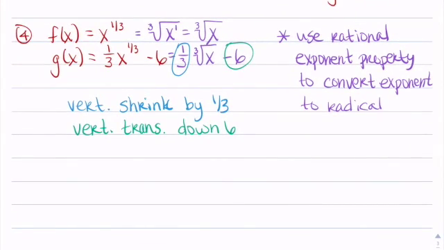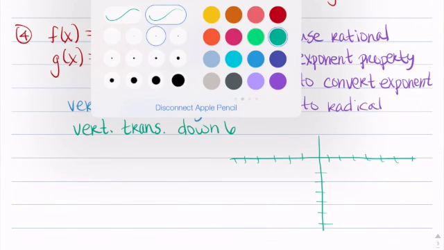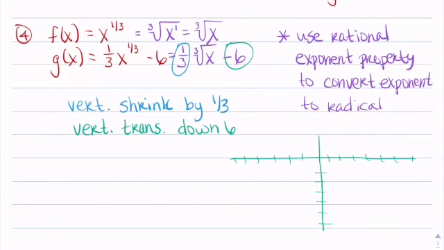All right, so back to our graph. We know we're down low here, so I'm going to give myself some room in the negative y direction. And we said that our center point was down at negative 6. And we have a fairly flat graph.